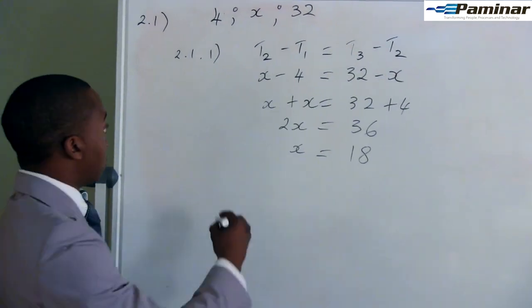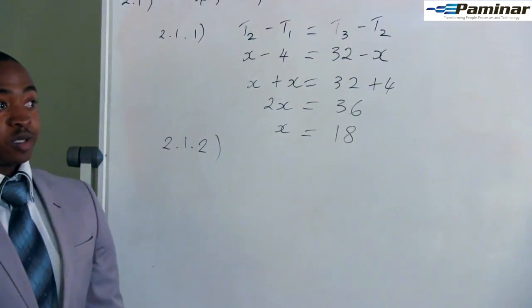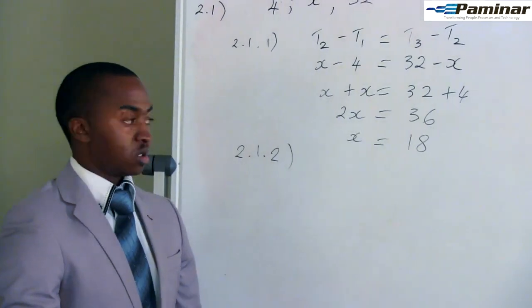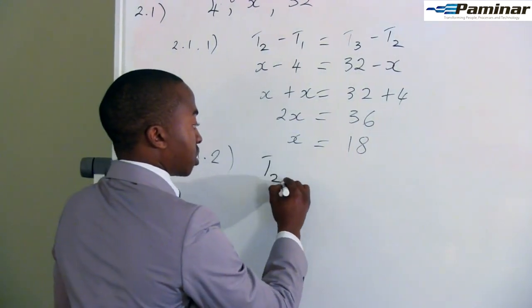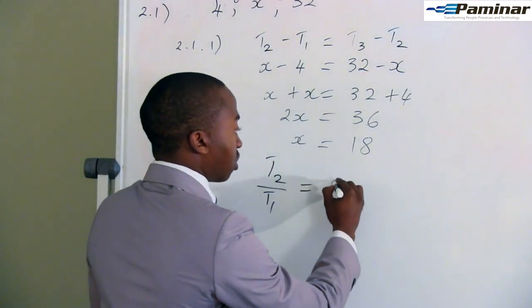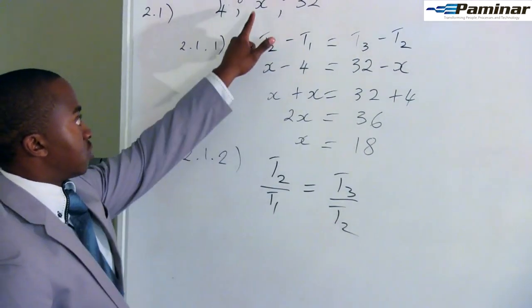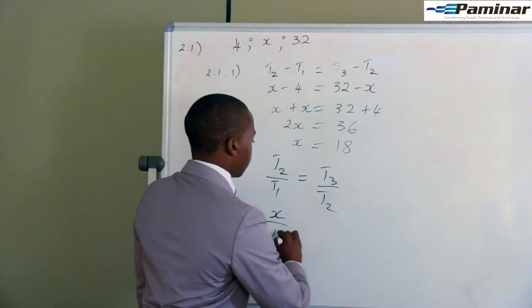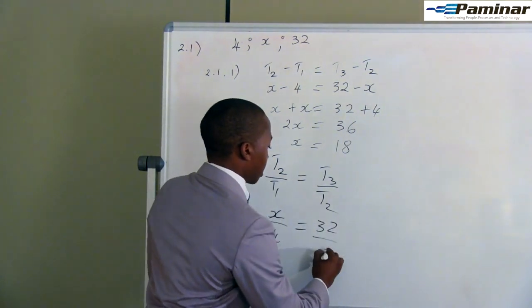Then moving on to 2.1.2. Now it's geometric. What do you know about geometric equations? There's a common ratio. So just like there we say T2 minus T1, if it's geometric, the ratio of T2 over T1 should equal the ratio of T3 over T2. What's T2? x. Over T1, T1 is 4. T3 is 32, T2 is x.